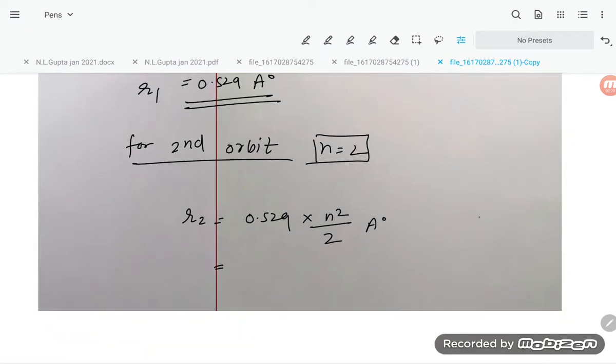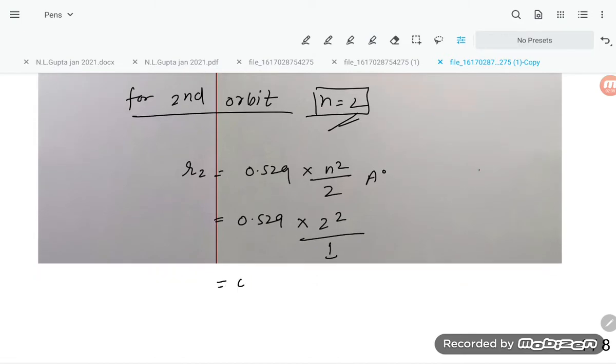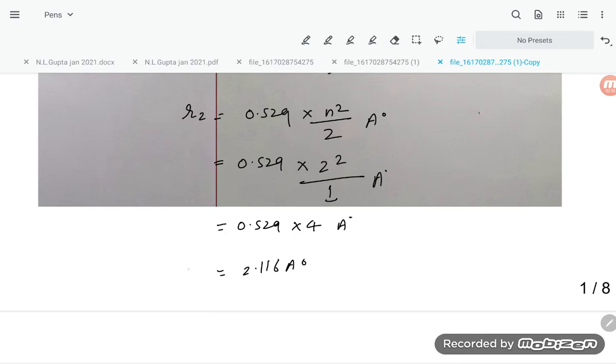Here n² is 2 squared, and Z for hydrogen is 1, so that is 0.529 × 4 angstrom. If you multiply, it comes to 2.116 angstrom. This is for the second orbit, so R2 is 2.116 angstrom.